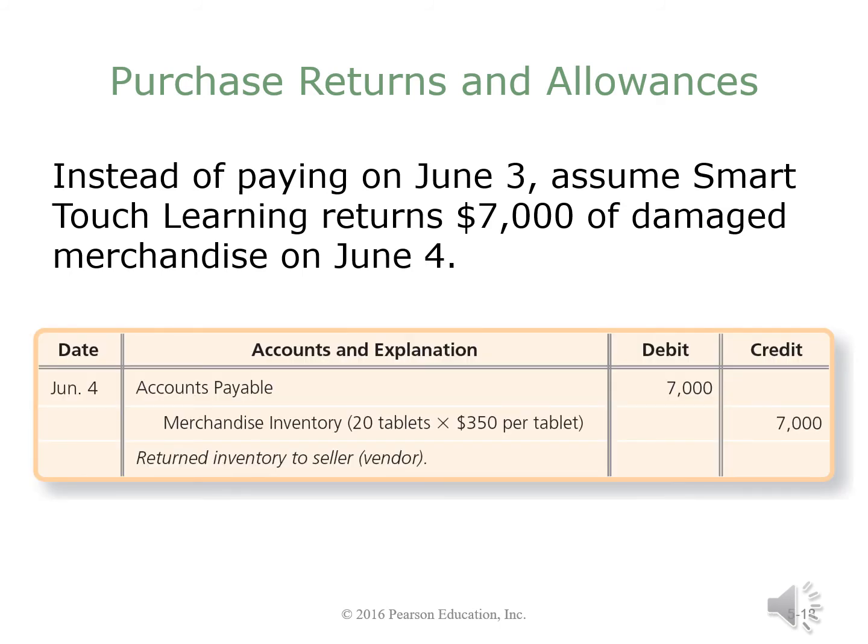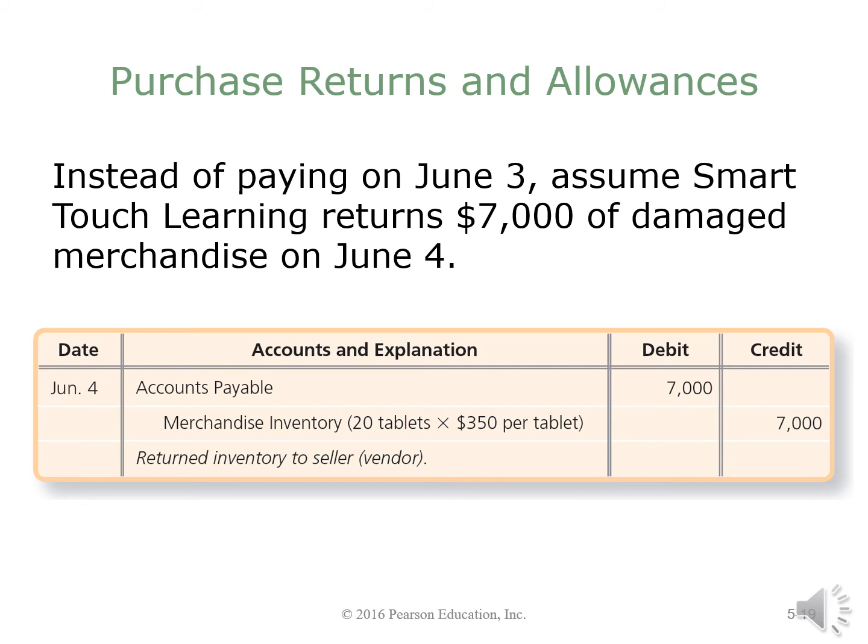If we need to return merchandise because it's damaged, we in essence need to reverse our original entry for the amount of the damaged goods. We're not going to be taking possession of them, and we're not going to be paying for them. So we need to debit accounts payable for $7,000. That will reduce our original $35,000 credit that we did to accounts payable.